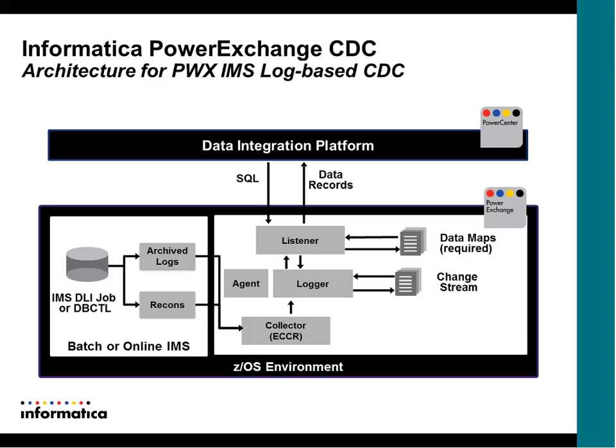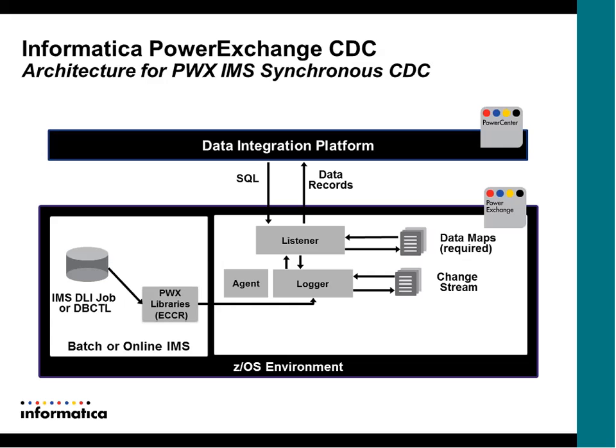The other option we have for IMS is what we call synchronous, and the real difference here is that the ECCR code, or the collector process, really runs as part of the IMS nucleus. So it actually participates in the IMS transaction.